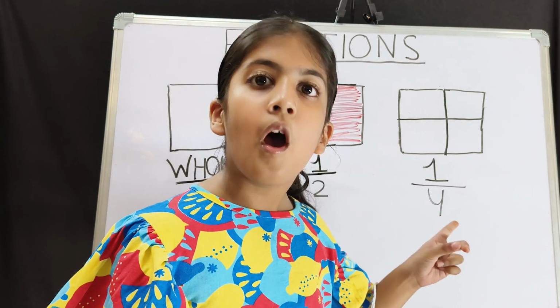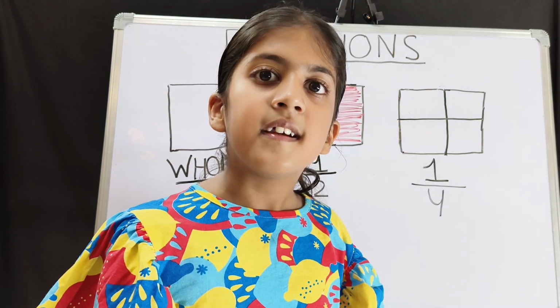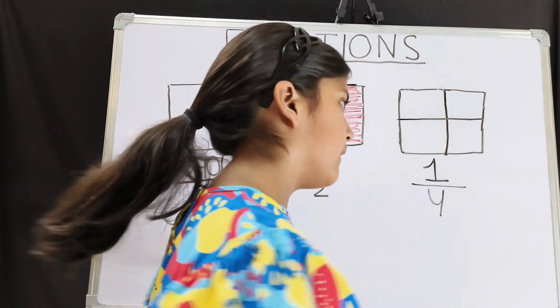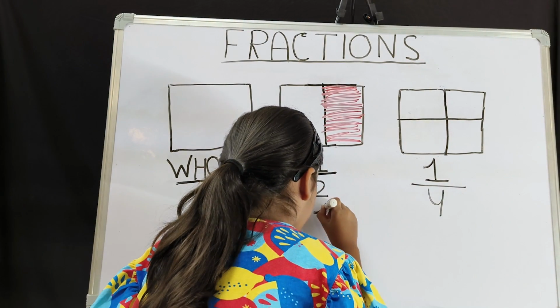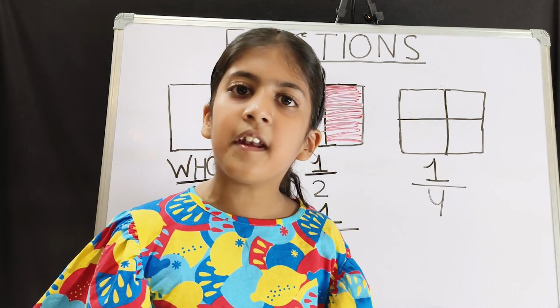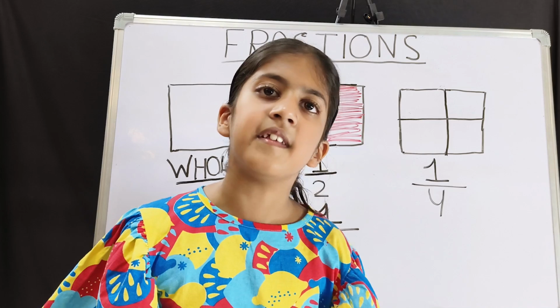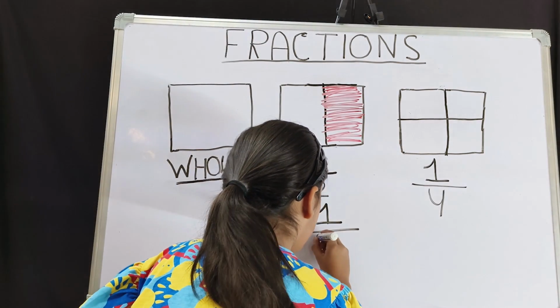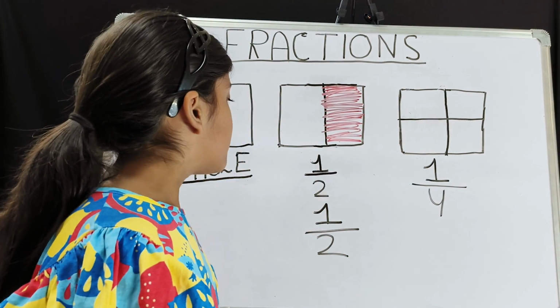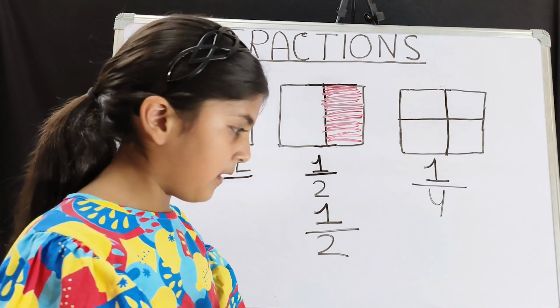First, we will write in the numerator the number of parts which are shaded, which is 1. I will write 1 upon, then I will write in the denominator the number of parts the figure is divided into, which is 2. So, the fraction is 1 upon 2 or 1 by 2.